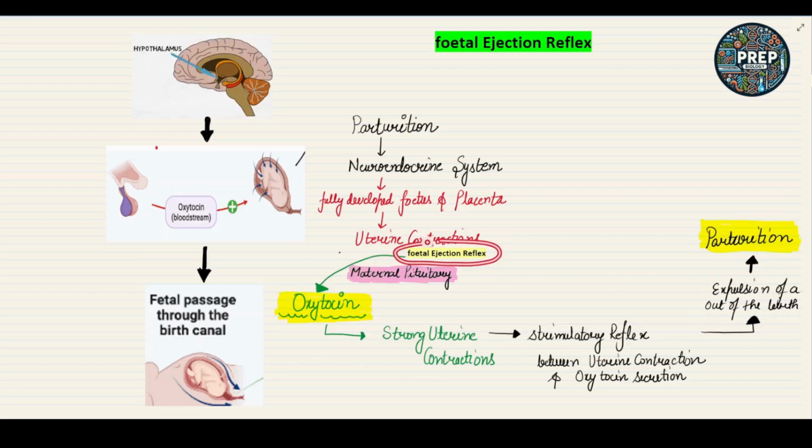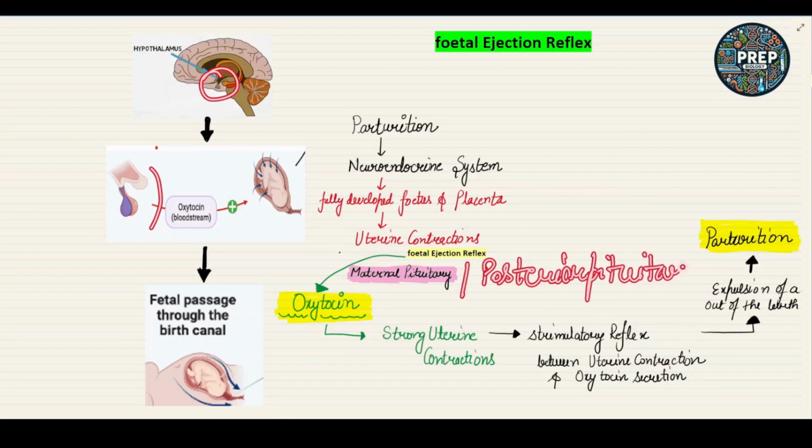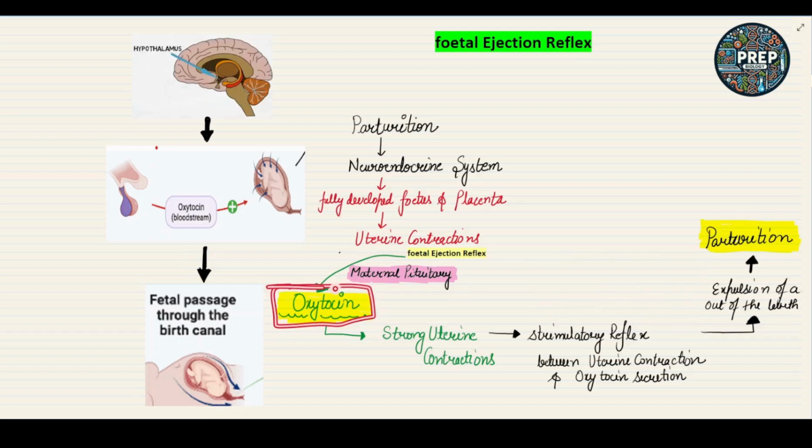The fetal ejection reflex triggers the maternal pituitary, basically the posterior pituitary of the mother, which releases oxytocin.